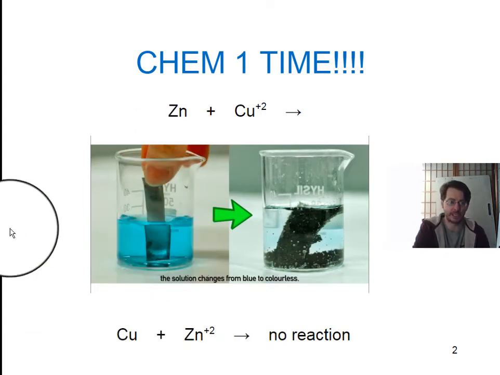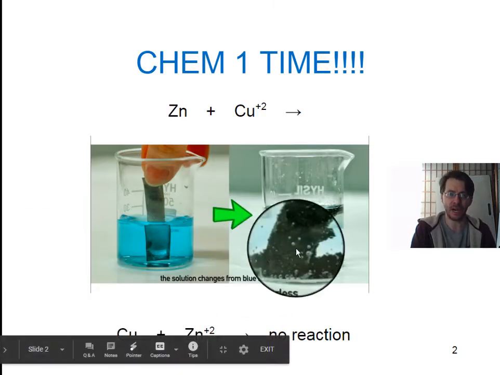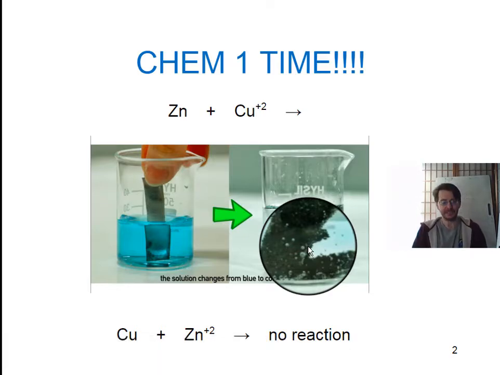You've all done this reaction. Every single one of you has done this reaction, or mostly. If you remember, that black fuzz that grew on the zinc was not actually black. It was brown. It is a brown copper-colored material, and the reason for this is it is copper. It is copper metal.